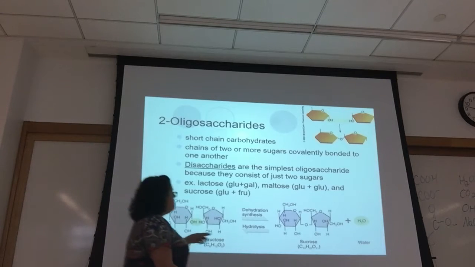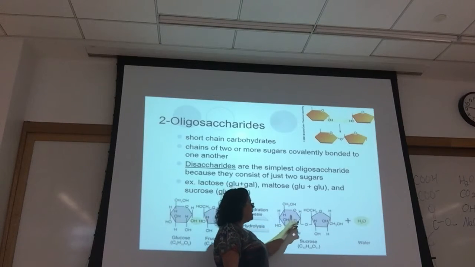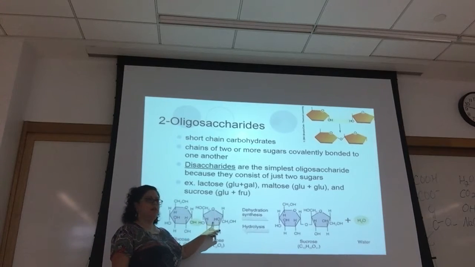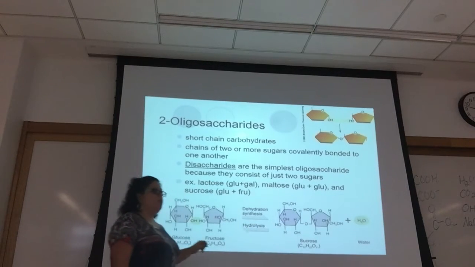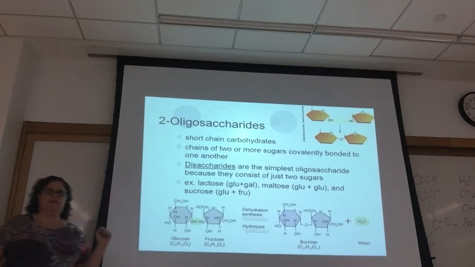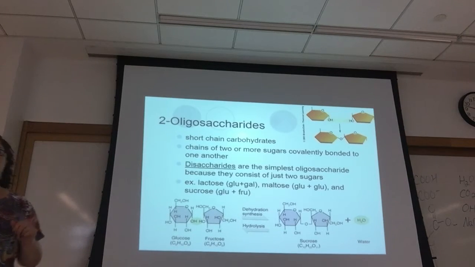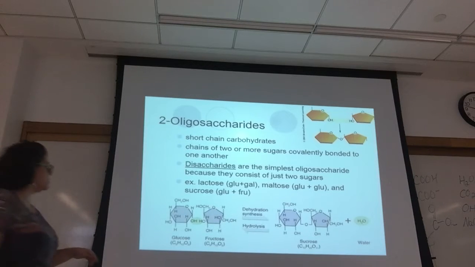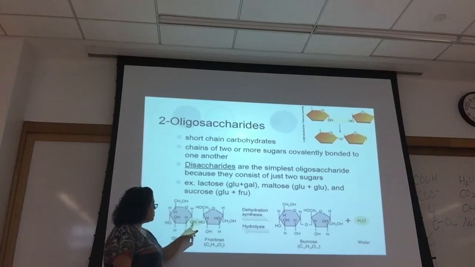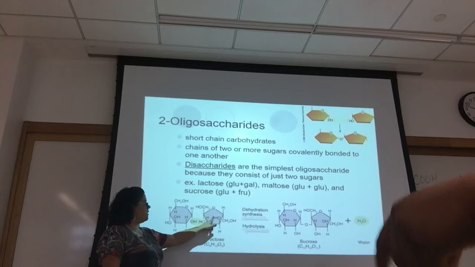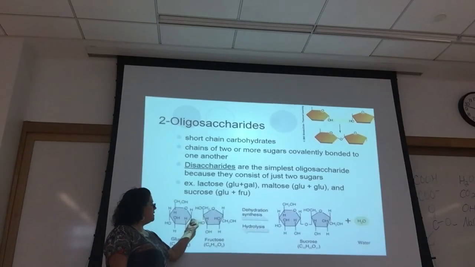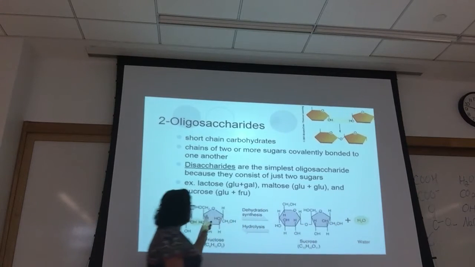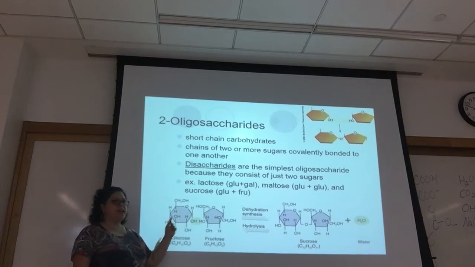In order for us to make sucrose, to bond the A and the B to get our C, what do we have to do to A and B? Good. We got to dehydrate them. We got to take water out. Dehydration, synthesis, anabolic reaction. We're taking the OH from here and the H from here. We're removing this water, that's our byproduct, in order to put these two monosaccharides together.